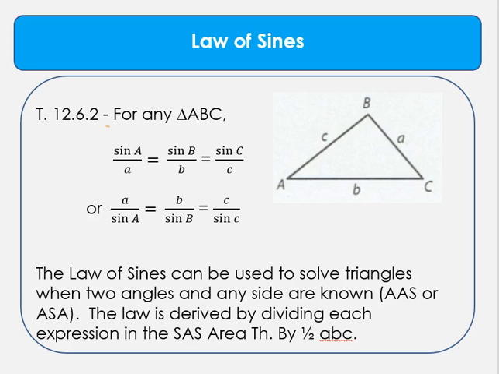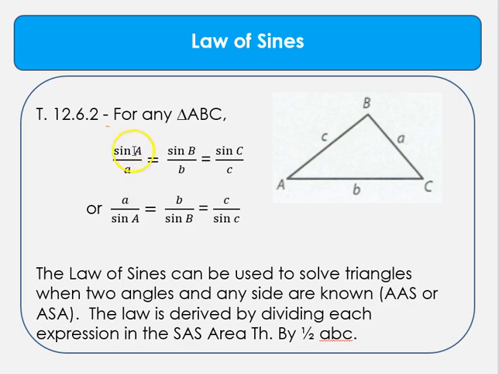So let's move on to the law of sines. This is the second theorem in this lesson, and it says for any triangle A, B, and C, we have three ratios of three sides, and they're all equal. So in a triangle, and we've talked about this before, your sides will have the same ratios.